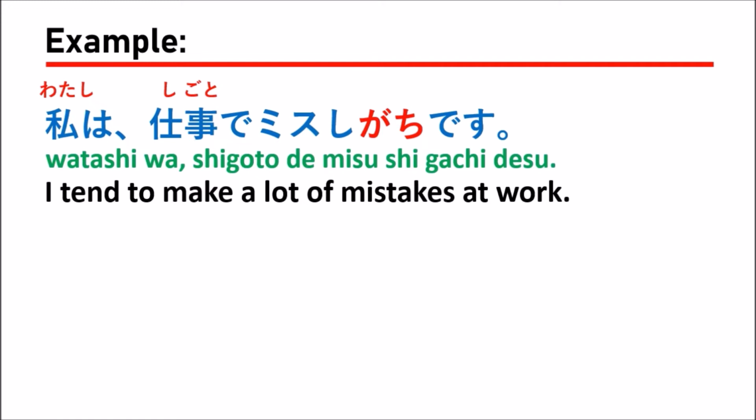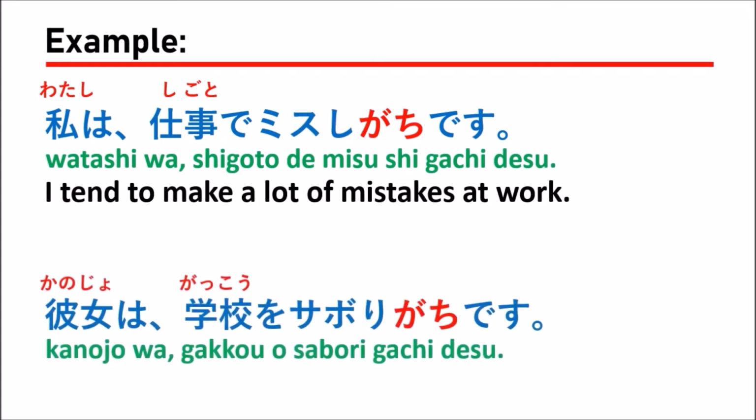In this sentence, it means that at work, at your office, you make many mistakes, right? Because mistakes are hard to protect against. So you make some mistakes, and they happen easily. So you can say mishigachi desu.